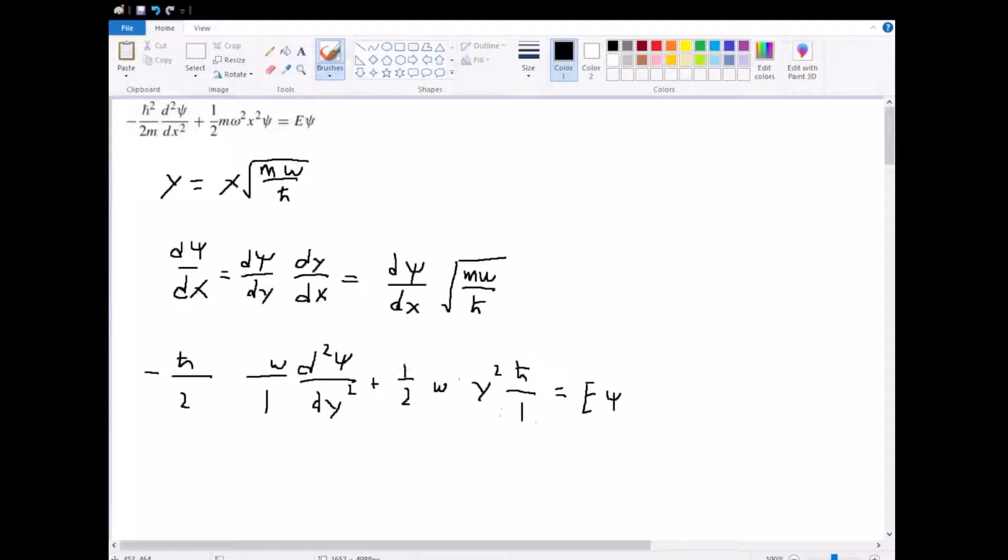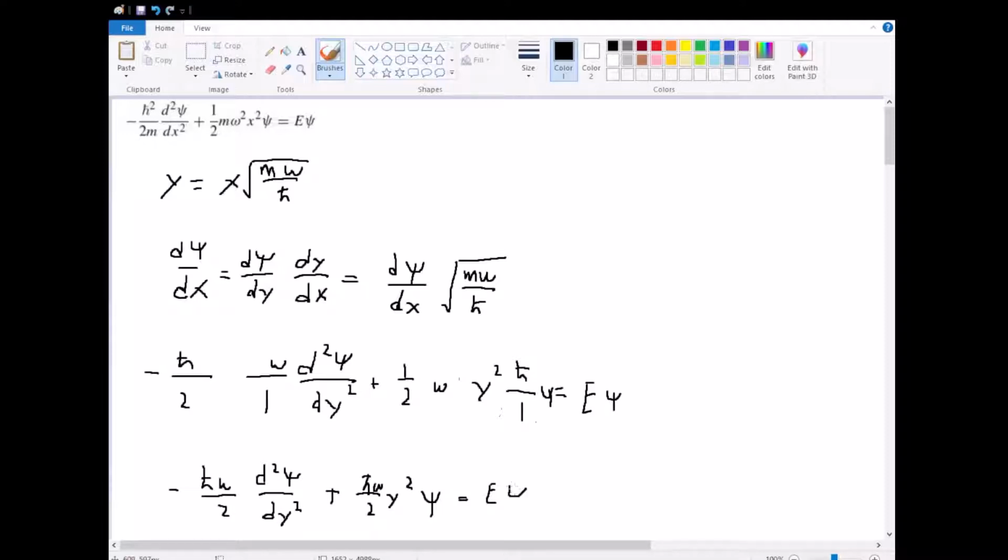What we really have is negative h bar omega over 2 times d2 psi by dy squared plus that same factor h bar omega over 2 times y squared, and my apologies, I left out the psi term here. And then this equals E times psi.